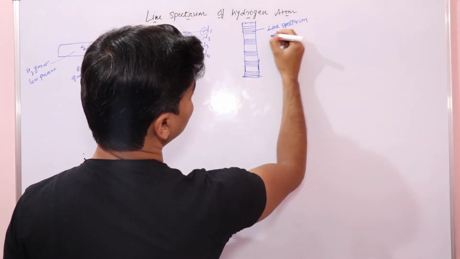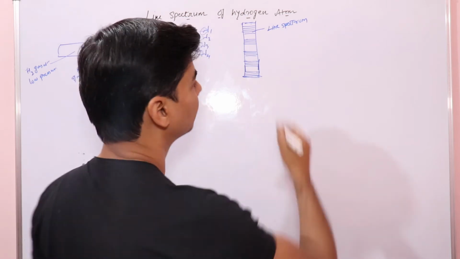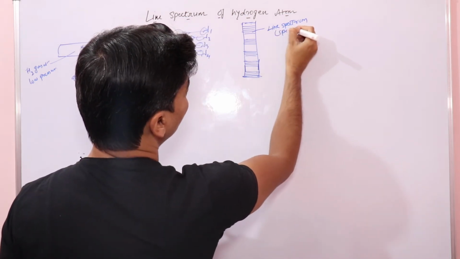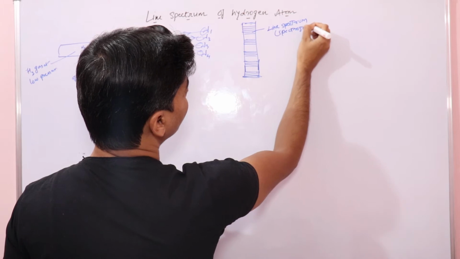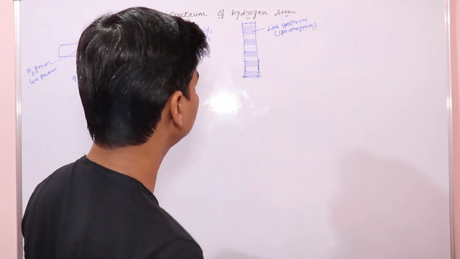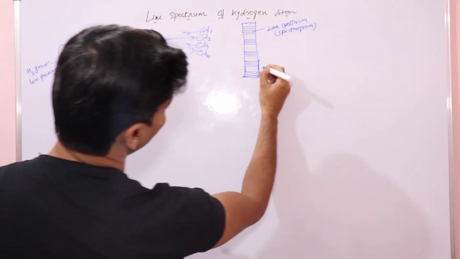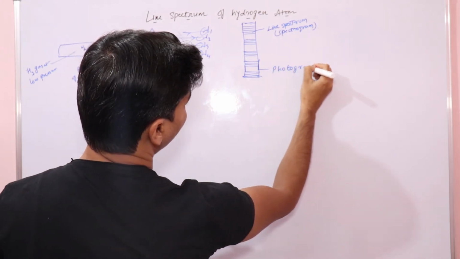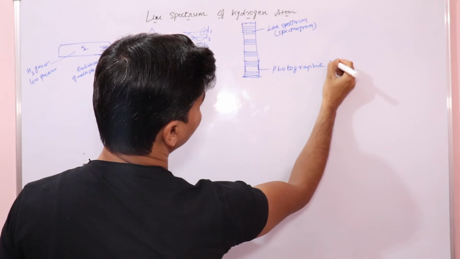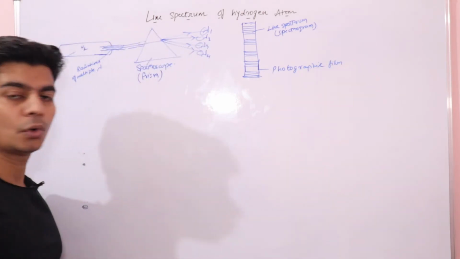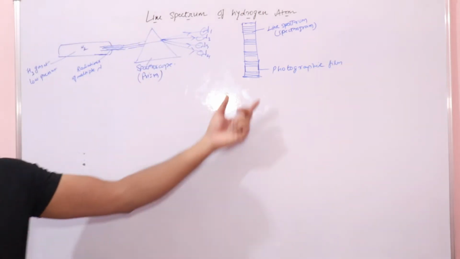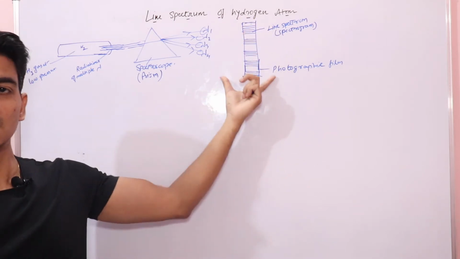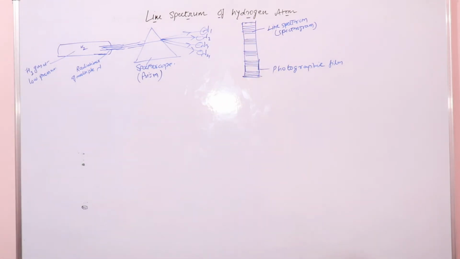We also call this line spectrum a spectrogram, and this is your photographic film, which is used to obtain this line spectrum.